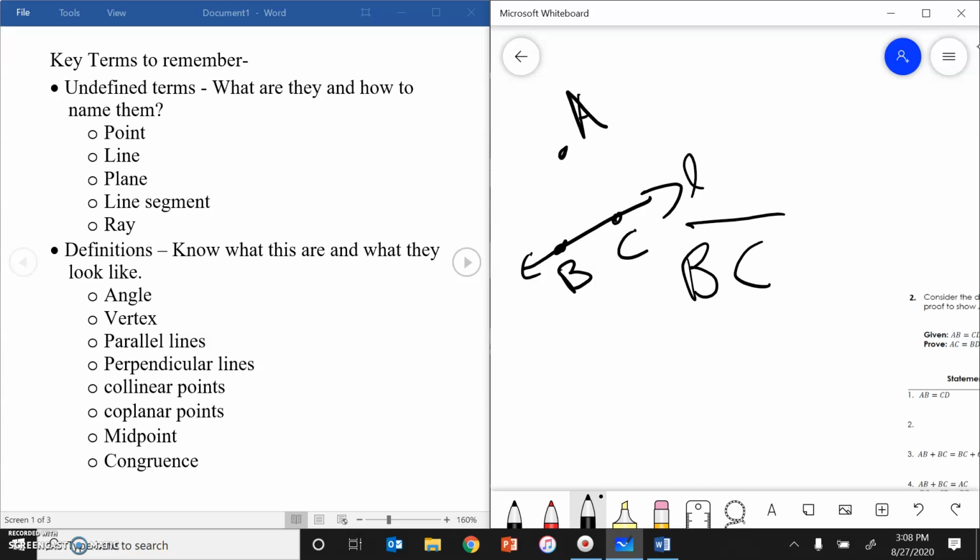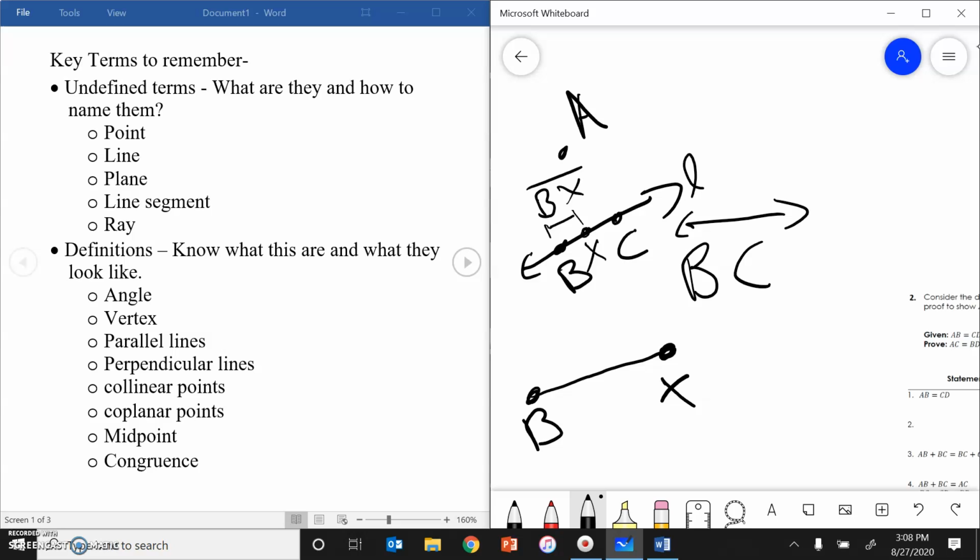So line BC would have those symbols. Okay, a line segment is just between 2 points, not the whole thing, but just between 2 points. If I put another point over here and call this point X, the space between B and X would be segment BX. Okay, so over here this could be segment BX.